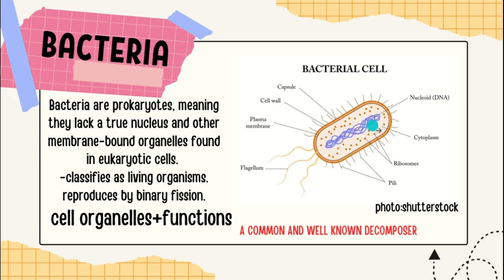What we do see is this spiral bundled up DNA, and that's the nucleoid, right? So what's going on right here is we have the nucleoid. This bundled up business is where the DNA is. So the DNA is not enclosed in a nucleus, and that is why a bacteria cell is prokaryotic.